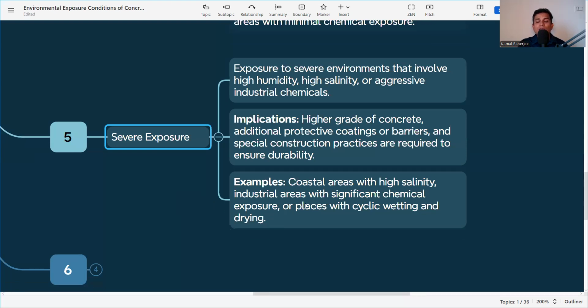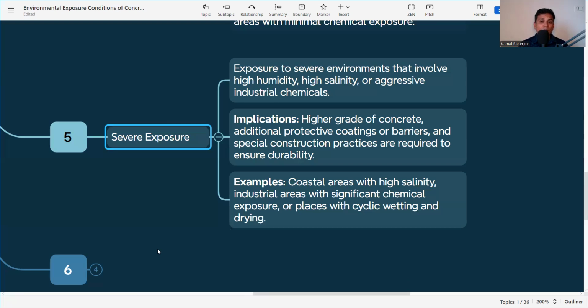And what is the example? Coastal areas with high salinity, industrial areas with significant chemical exposure, or places with cyclic wetting and drying. What is happening in these areas? High salinity means the chloride percentage is more. So these are prone to corrosion of the reinforcement, and industrial areas with significant chemical exposure can harm the concrete.